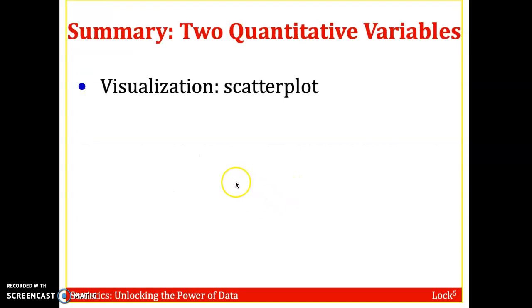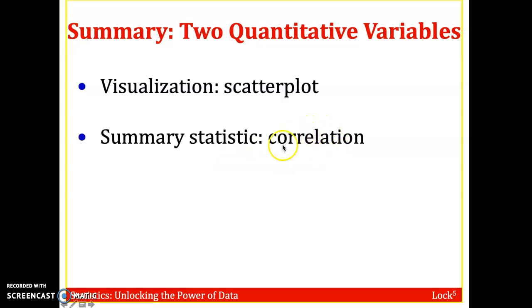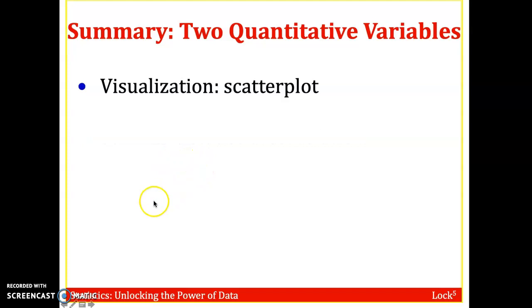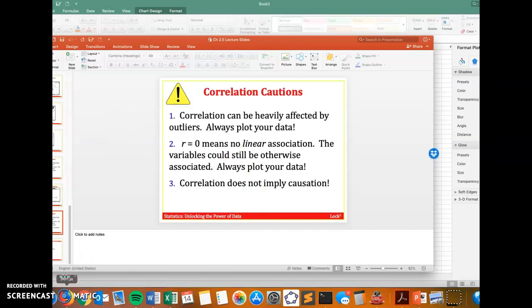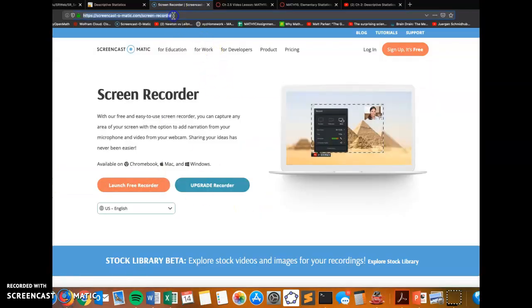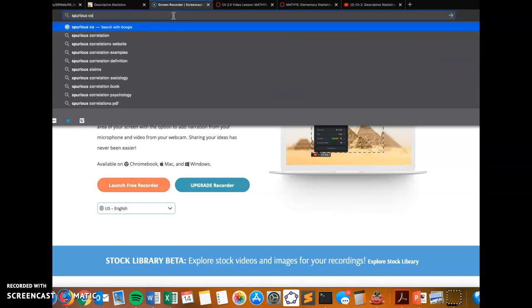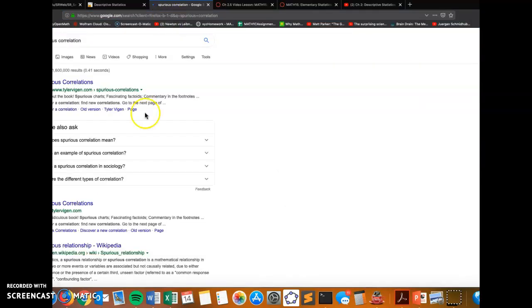All right, as a summary, we looked at scatter plots for visualization, and then we looked at correlation. I want to go back just very briefly to that idea of correlation does not imply causation, because there's spurious correlation.